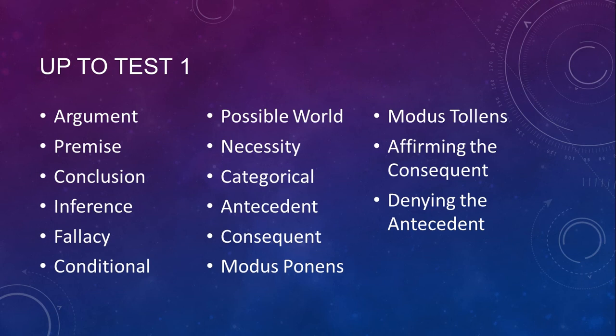Oh yeah, and a categorical claim. That's the other one from here. I remember we talked about how conditionals and categoricals are really similar sorts of things. All P's are Q's. So all humans are mortals. All cats are mammals.